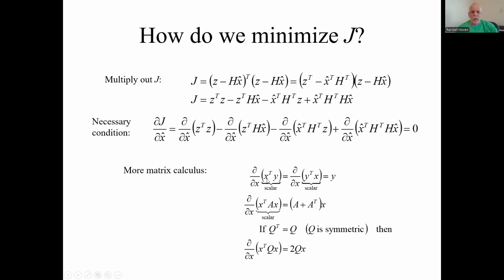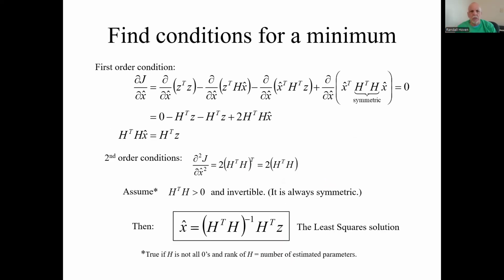The first partial of a product like this, either x transpose y or y transpose x, with respect to x, is just y. And the first partial of this sort of squared term, x transpose Q x, if Q is symmetric, is 2Qx, kind of like a scalar, but Q has to be symmetric. So we'll just put those on a formula sheet and we'll use them next.